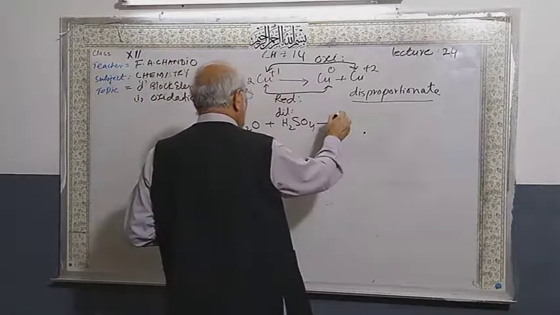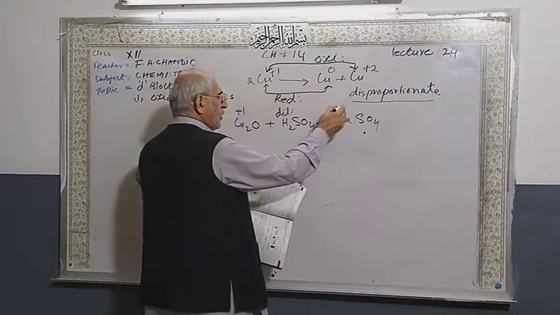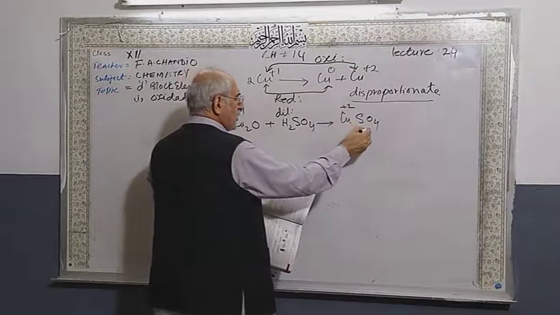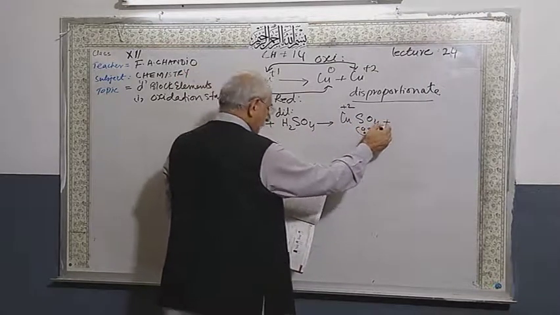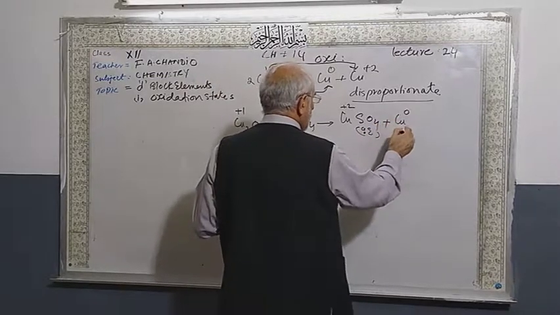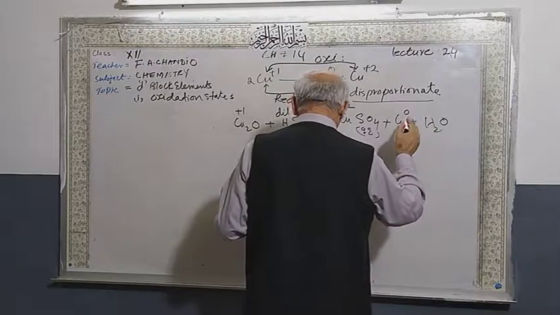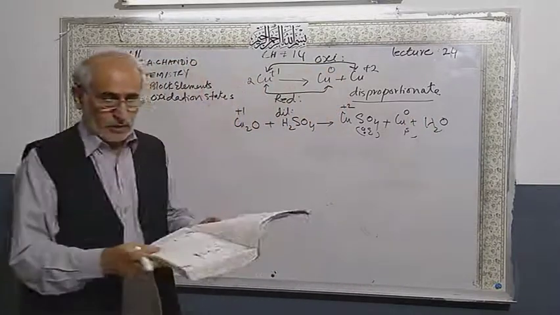We get copper 2 sulfate, meaning the oxidation number of copper is positive 2 here, and also copper 0 solid plus water.